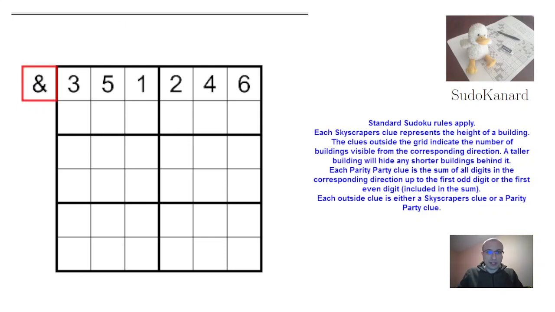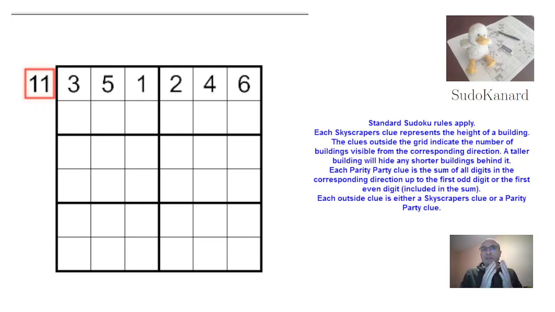So you see that for such a layout, there are 2 possible clues for a Parity Party.